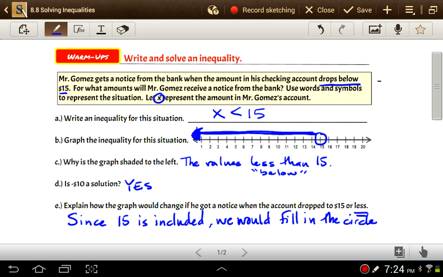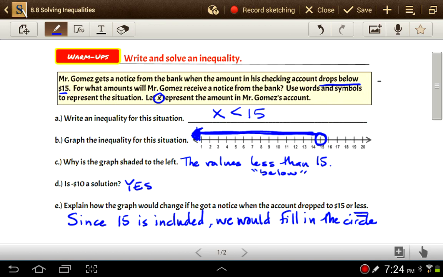For B, we want to graph the inequality. The first thing we want to do is take the 15, find it on the number line, and circle that 15 on our graph. Then we are going to draw a line. We have to determine if it goes to the left or to the right. x represents what you're shading in. Since I want all the amounts less than 15, I'm going to shade to the left because that's going to be 14, 13, 12, 11, 10, 9, and so on.